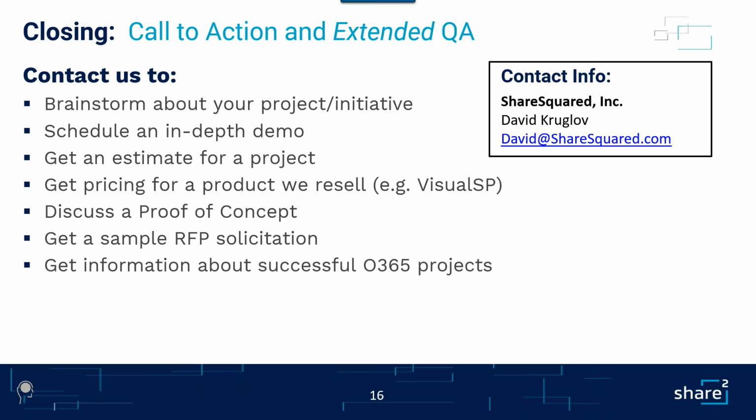So the tile configuration allows you to configure the target, the destination for any documents dropped on the tile. In fact, the example that I have on my desktop, I'm pointing to 2 different tenants. So if you ever do that, we have our ShareSquared tenant and our demo tenant. So it doesn't matter as long as you put in the credentials. So there's lots of ways to do it.